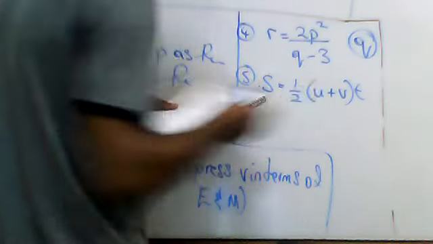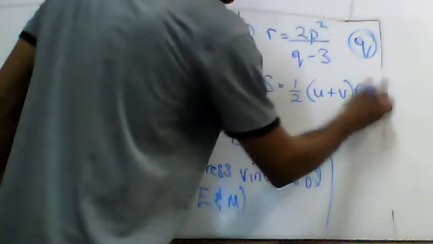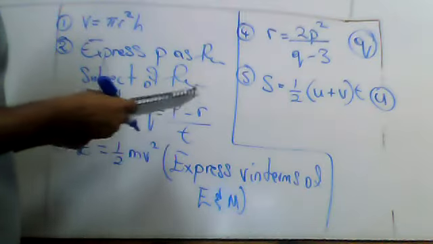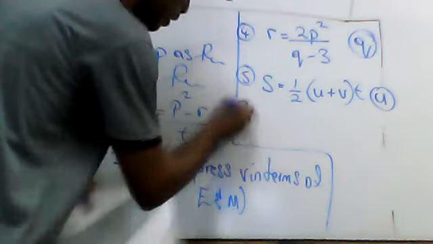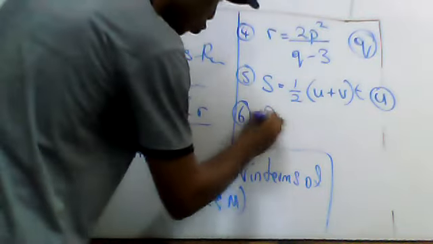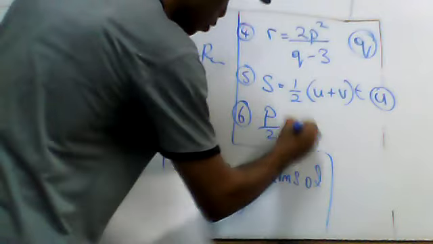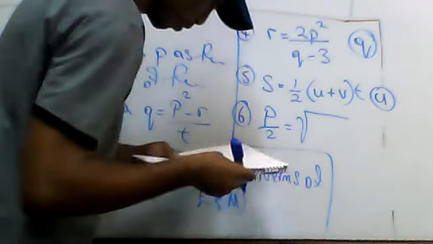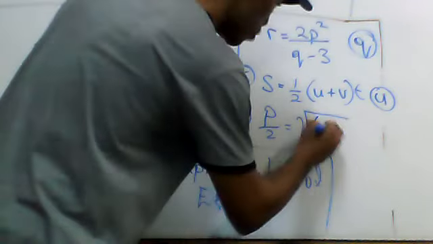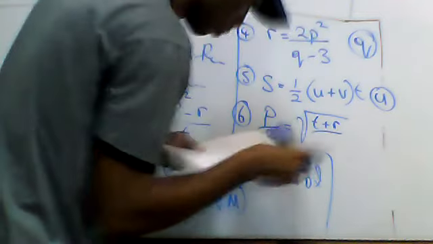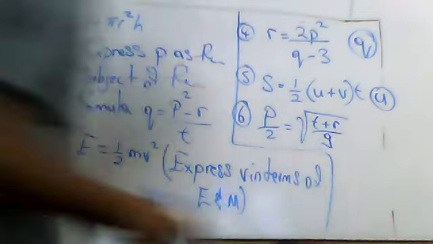So we're supposed to make u the subject for this one. Question 6. They have p over 2 being equal to the square root of t plus r all over g. This one they said they want t to be the subject.